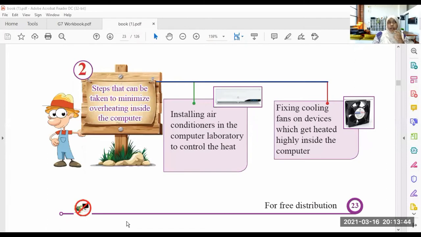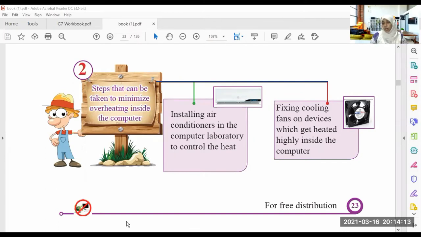For example, there are some computer laboratories that have air conditioners, but they are not using them because, you know, air conditioners take more electricity. For that, what they do is they switch off the air conditioner and just open the door of the computer laboratory and use the air which is coming from the outside, the natural air.